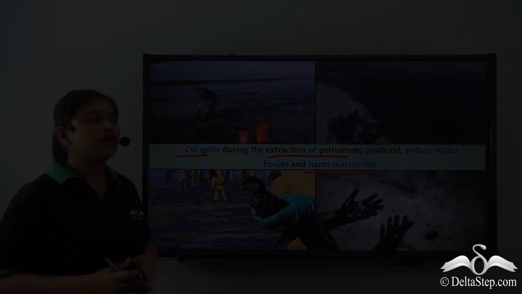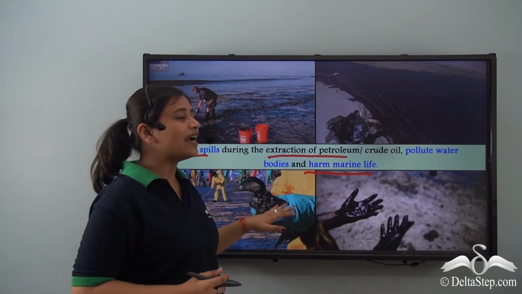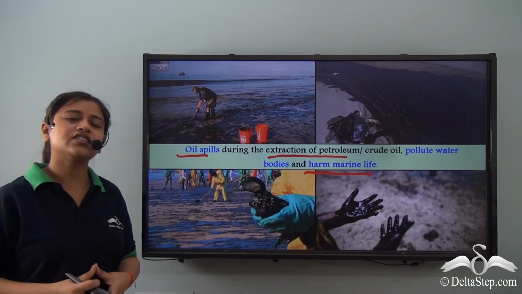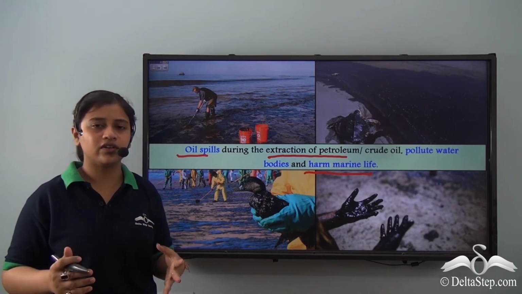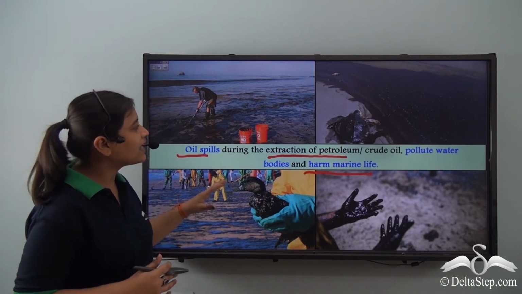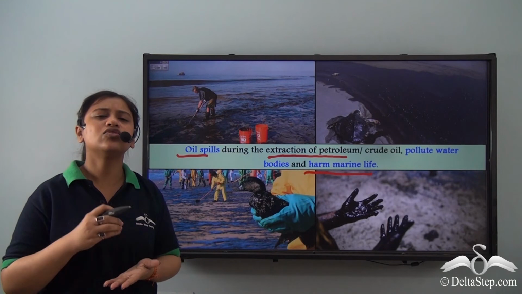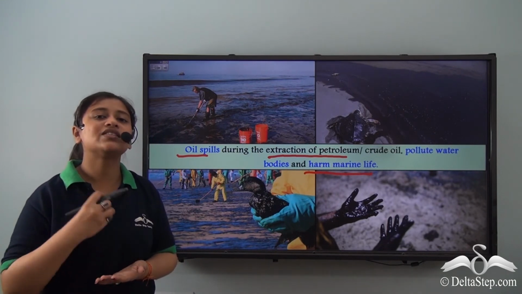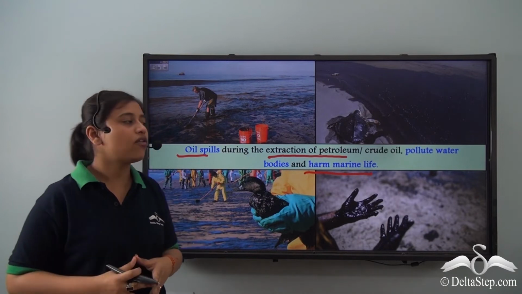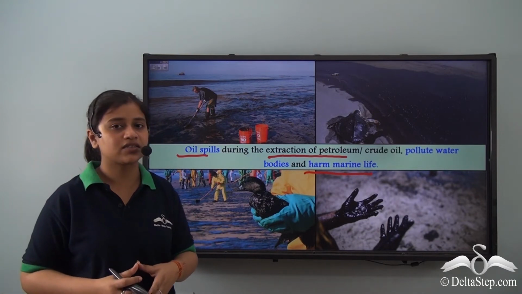So you see, from these pictures, it is quite evident how unfortunate the situation is. An important energy resource like petroleum, when carelessly handled, is leading to not only the wastage of this limited resource, but also causing harm to the life of marine plants and animals.